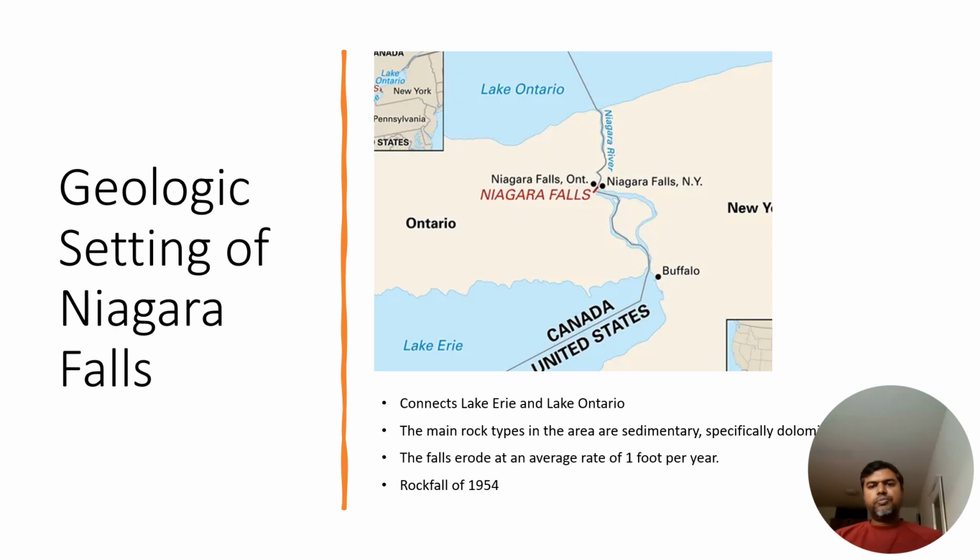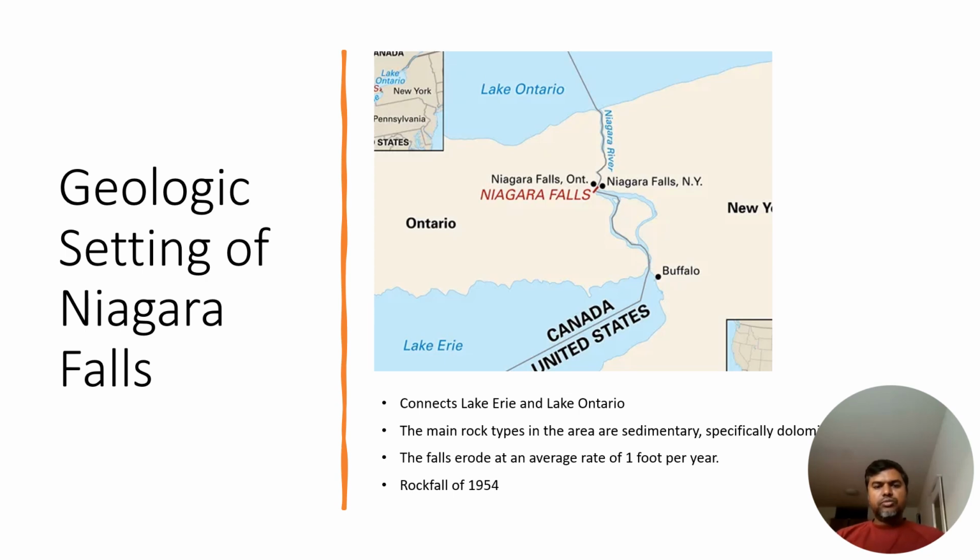The main rock types in the area are sedimentary, specifically dolomite and shale. The upper layer of the falls is hard dolomite, while the bottom layer is softer shale. The dolomite was formed from ancient seabeds, while the shale was formed from mud deposits.